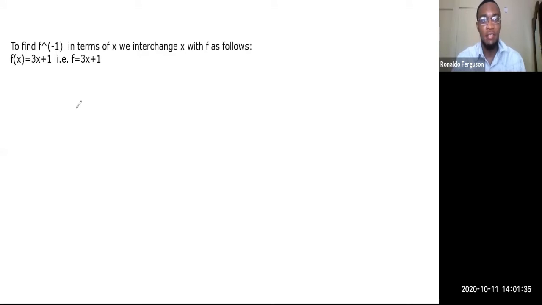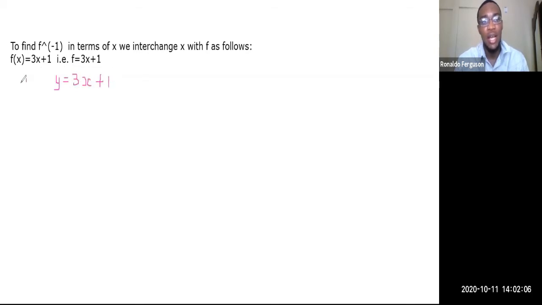To find f inverse of x, remember f of x really means y. So first, step 1: f of x is 3x plus 1, which is the same as saying y is equal to 3x plus 1.